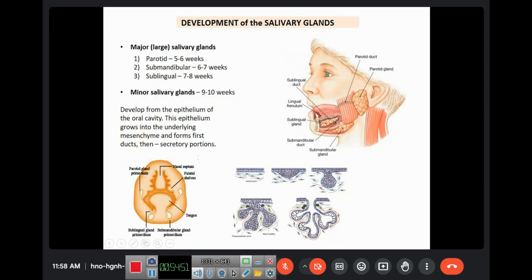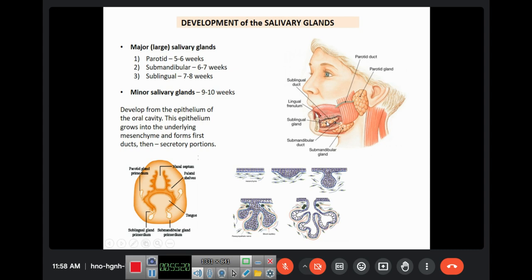Next, development of salivary glands which produce saliva, the fluid which fills the oral cavity, moistens it, and helps the first stages of digestion. So saliva is produced by major or large salivary glands. They include parotid gland, submandibular gland, and sublingual gland.